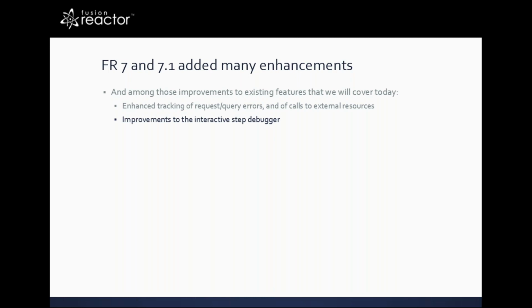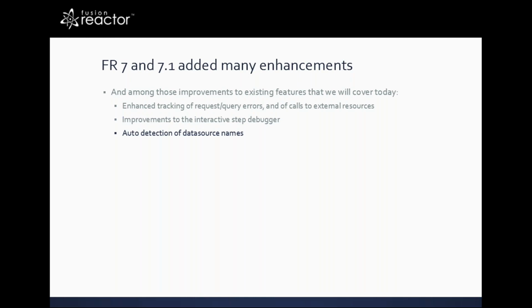We'll also see there's been improvements to the interactive step debugger. Now, some of you are going, well, what? Step debugger? Yes, FusionReactor 6 had added a step debugger in the Ultimate Edition. One of the first things that the Ultimate Edition added was the step debugger. There's a whole discussion of the Ultimate Edition in another webinar, and the debugger is discussed in there. But I'll talk to you today about what's been improved in the debugger.